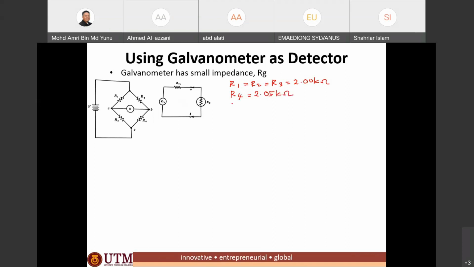And V is 5 volt. So if the galvanometer here, which we use as an indicator, has an internal resistance of 50 ohm.